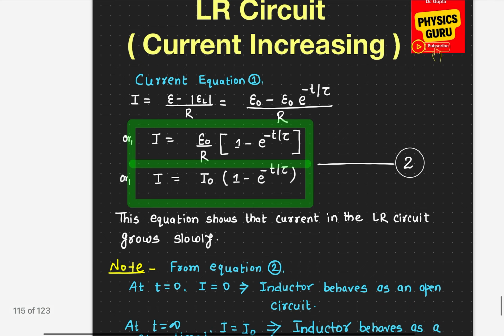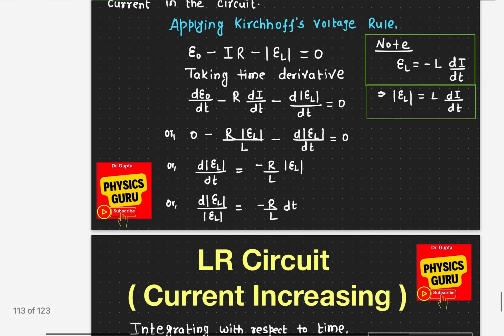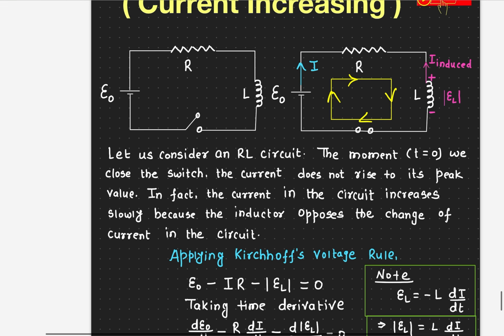At time equals 0, when you simply close the switch, the inductor will have the maximum strength to oppose. So at that point the potential difference across this inductor will be exactly the same as the battery, so there will be no current in the circuit.